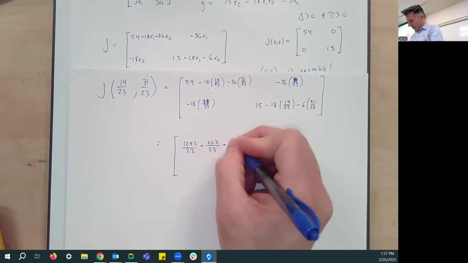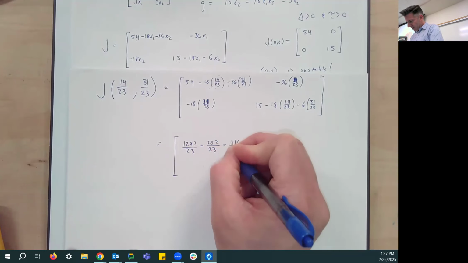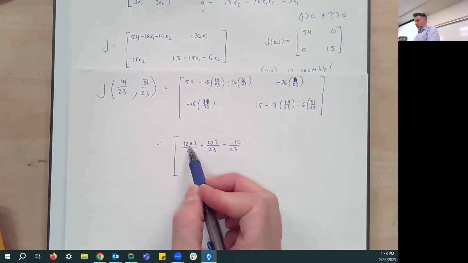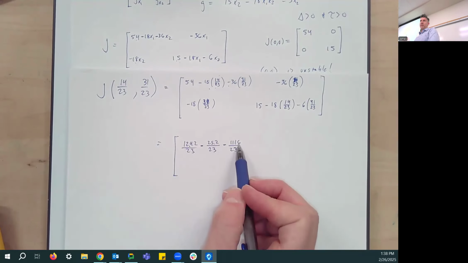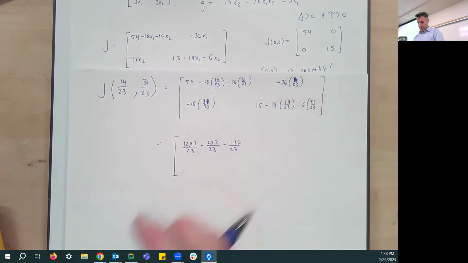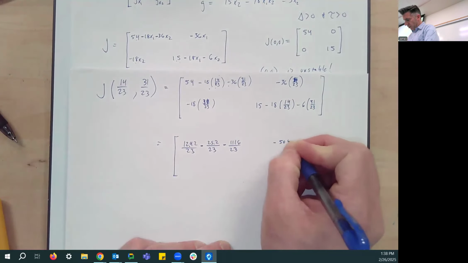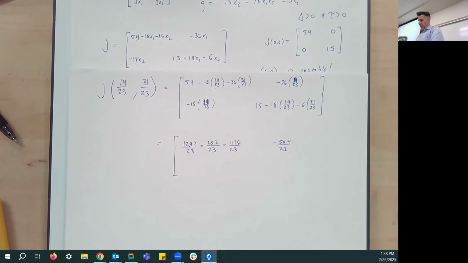Don't want to get hyperbolic. Okay, there's the first piece, and that looks like it's going to be a little bit negative, right? 1242 is not as big as negative 52 minus 1116. And then this is going to be, let's see, 36 times 14. We have negative 504 over 23. And then down here, negative 18 times 31. We have 558.